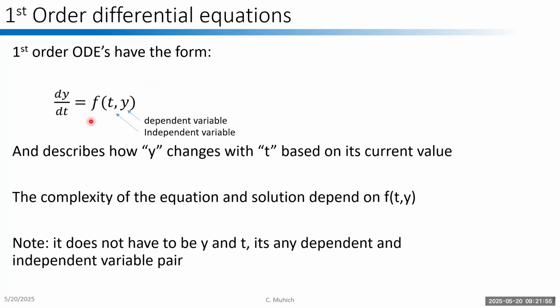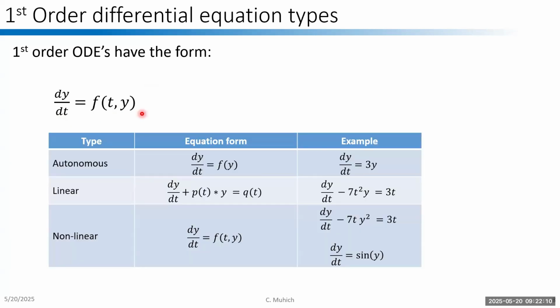I also want to note that obviously it does not have to be y and t. We could have any pair of dependent and independent variables: z and y, x and q, whatever we want. Within this, we can think about how to solve this based on the type of differential equation, what this functional form looks like.